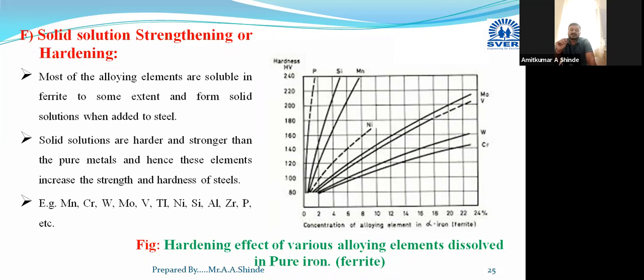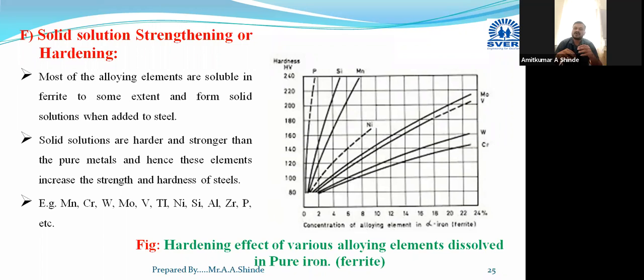Okay, now I will explain it. Most of the alloying elements are soluble in the ferrite up to some extent, and beyond a certain limit they will form a solid solution when they are added in the steel.